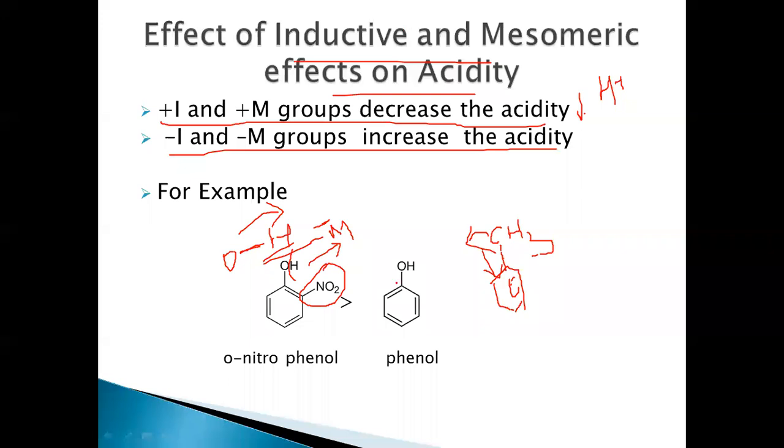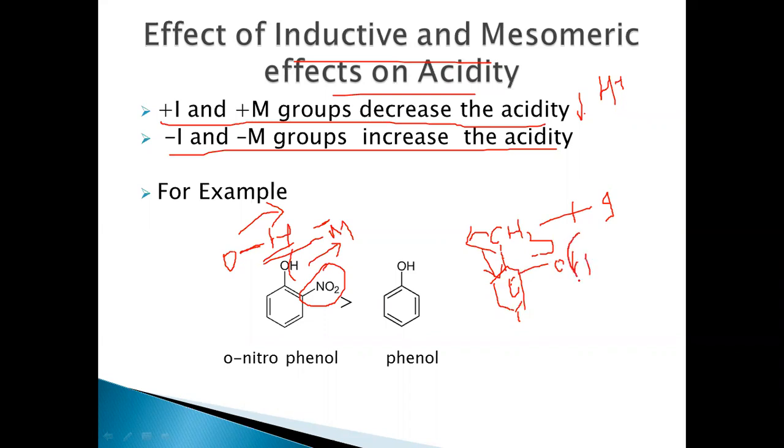When there is a plus I group like the CH3 group here, it will increase the electron density on the ring.